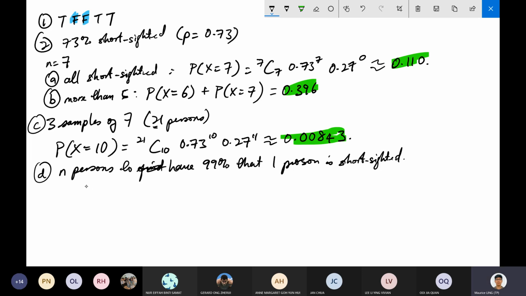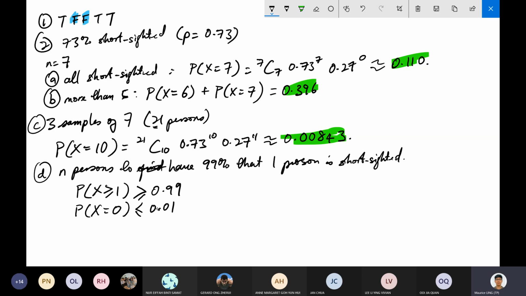Okay. Essentially, the probability of more than 1 is 0.99. Which in reverse, the probability of finding 0% that is short-sighted is actually less than 0.01 because it's 100% the opposite way.